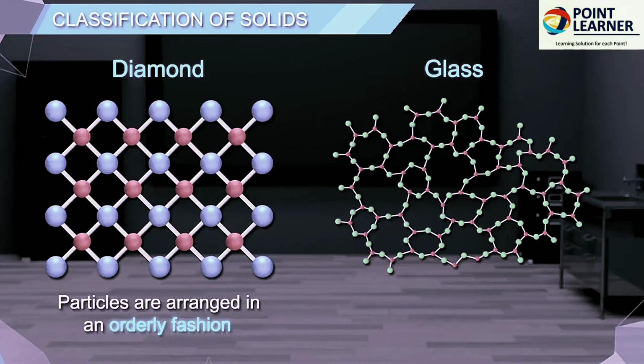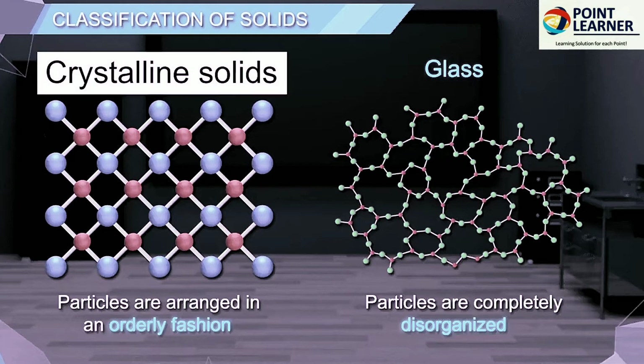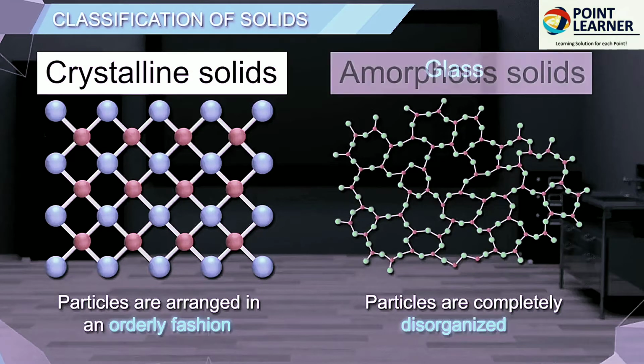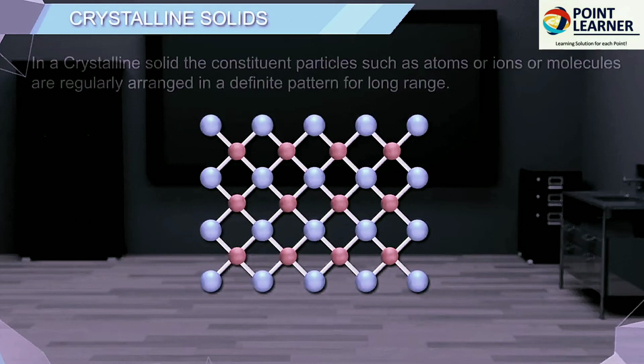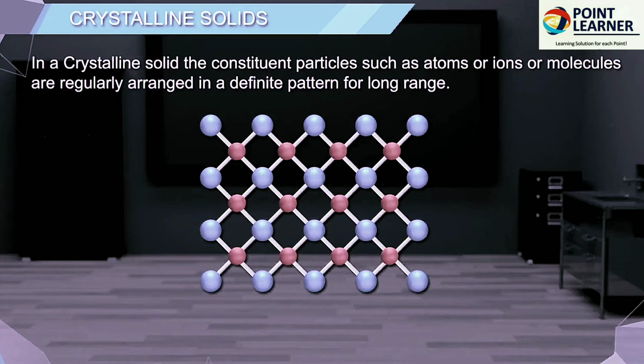In diamond, the particles are arranged in an orderly fashion, whereas in glass, they are completely disorganized. Based on the order of arrangement of constituent particles, solids are mainly classified into two types: crystalline solids and amorphous solids. Let us discuss crystalline solids.